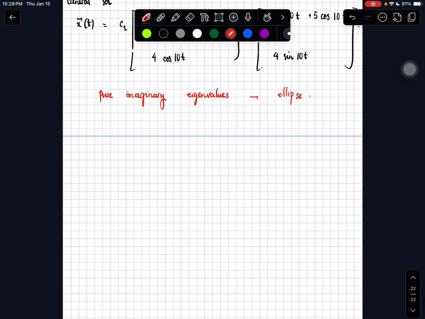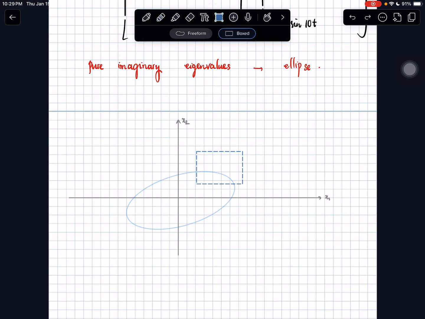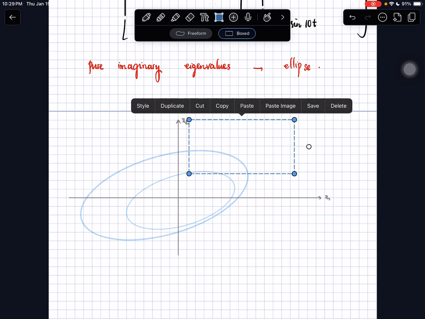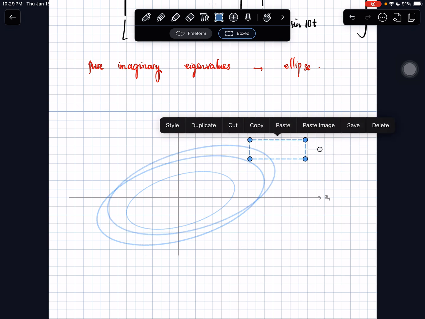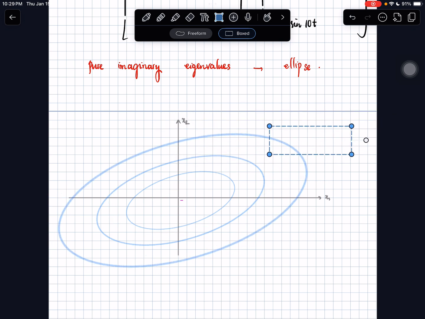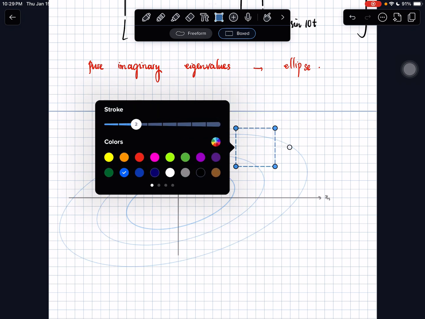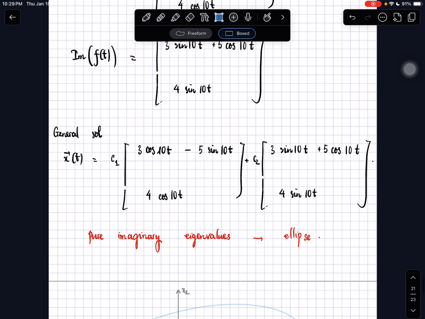So let's sketch some of them. Qualitatively, it should look like this. So, for example, let's see which direction it goes.